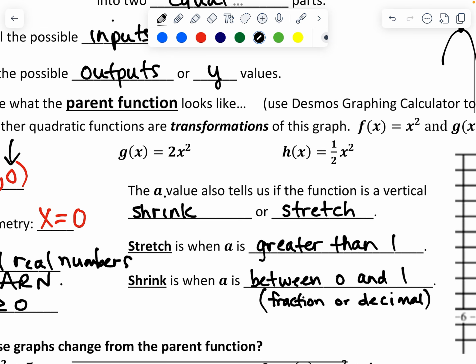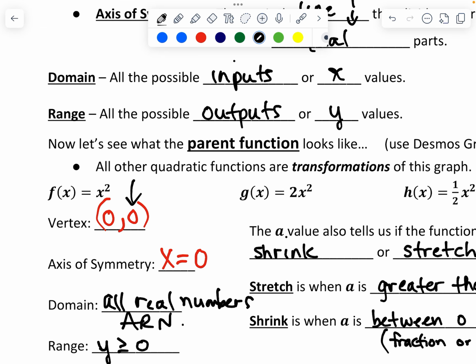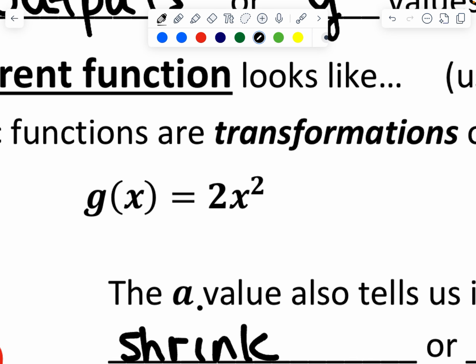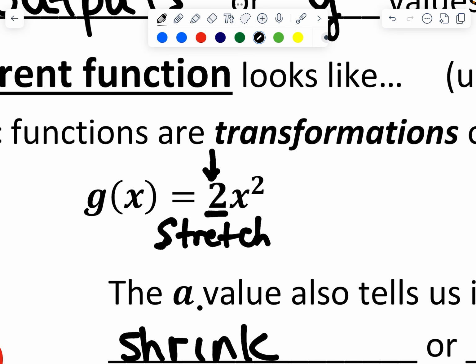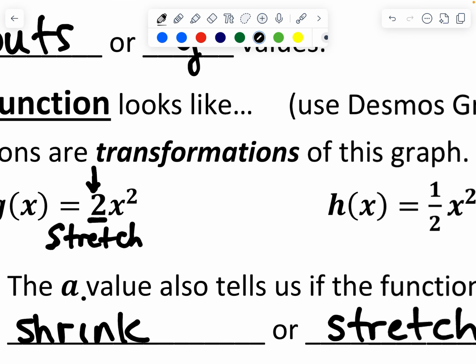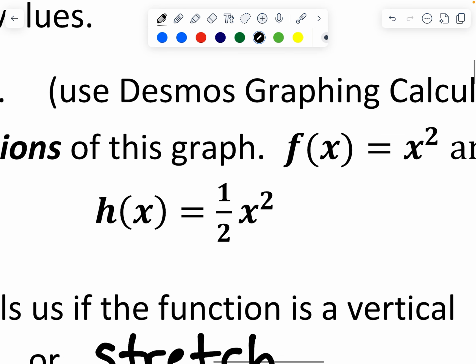So let's look up here. We have our parent function, f of x equals x squared. But then I showed you what the graph would look like if it had a 2 in front. Since there's a 2, this 2 tells me that that is going to be a stretch because it's greater than 1. And then this one is a fraction.